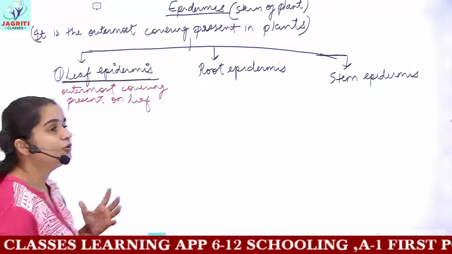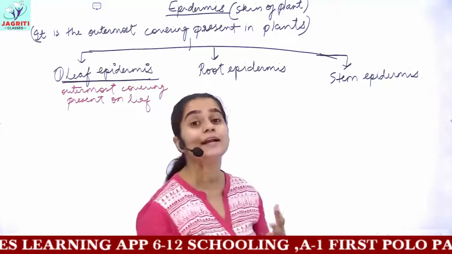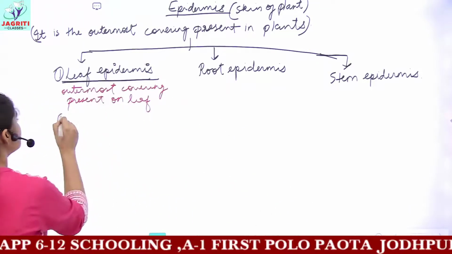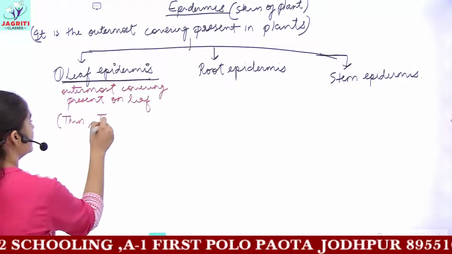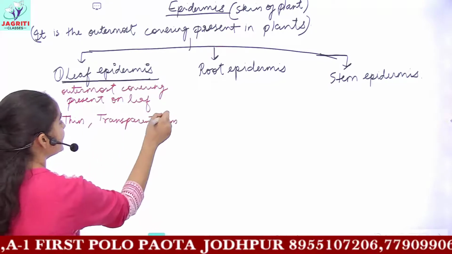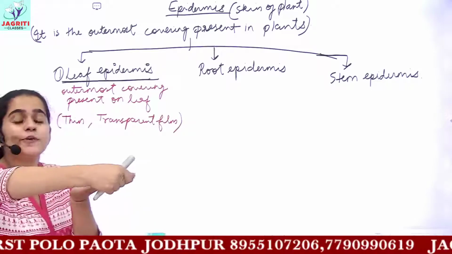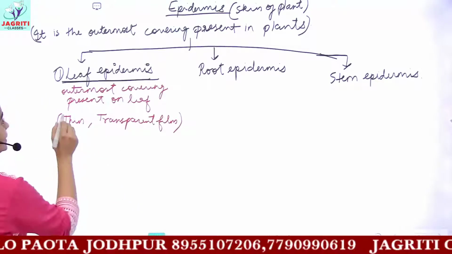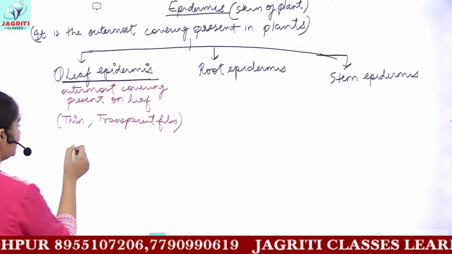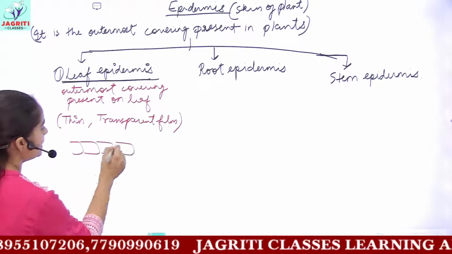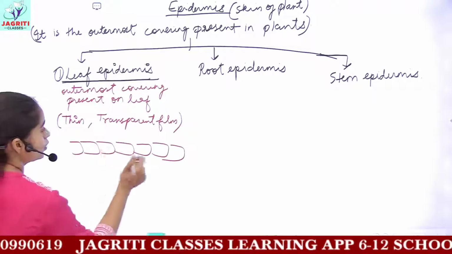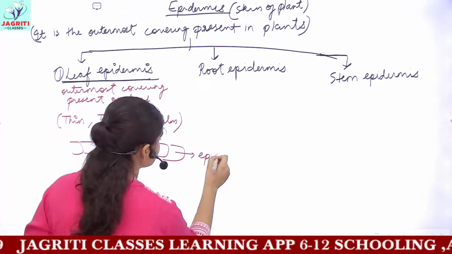So when we study the structure of leaf epidermis under the microscope, we find that it is a very thin, transparent film when you take it out from the surface of your leaf. Epidermis is composed of different cells which are called epidermal cells.